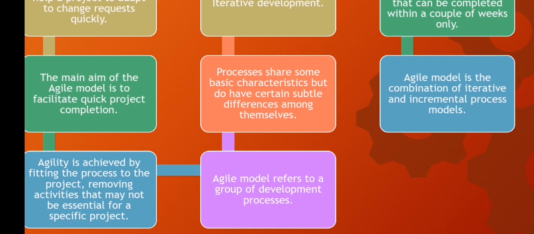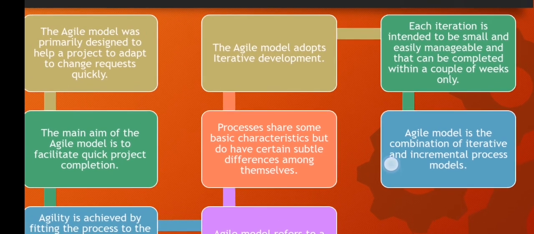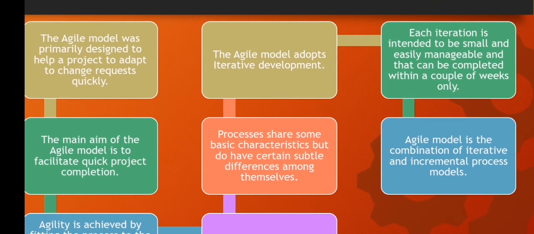Next, the agile model refers to a group of development processes. These processes share some basic characteristics but have certain subtle differences among themselves.